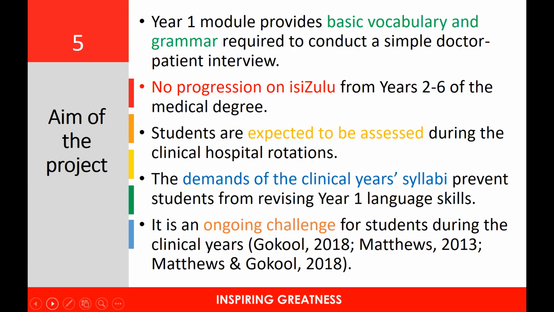In the isiZulu module, the Year 1 MBCHB students at the Nelson Mandela School of Medicine at UKZN enroll for a year-long course, giving them the basic vocabulary and grammar needed to communicate with patients. The module does provide valuable necessary skills to students. However, no progression is followed through the curriculum. Yet, students are expected to be assessed during clinical hospital rotations.